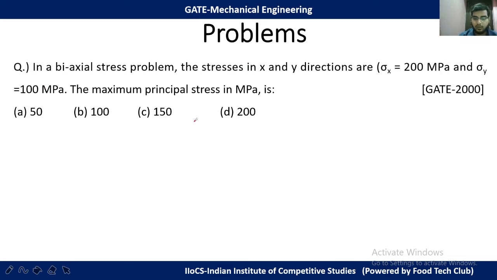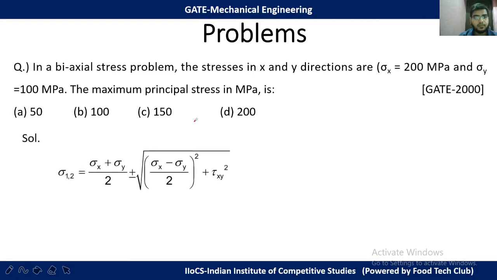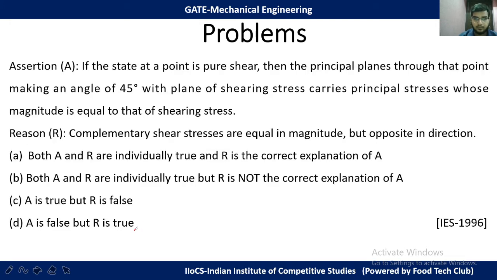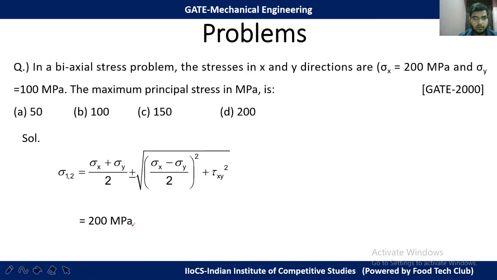These four options are given. Again, for maximum principal stress we know the formula, and we put sigma x equal to 200 and sigma y equal to 100 megapascal. Then we will get 200 megapascal. So this is the answer, which is option B.